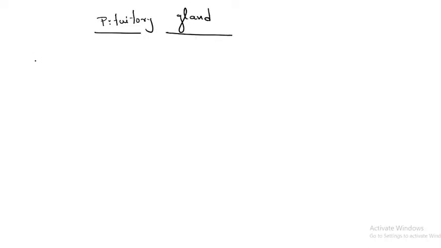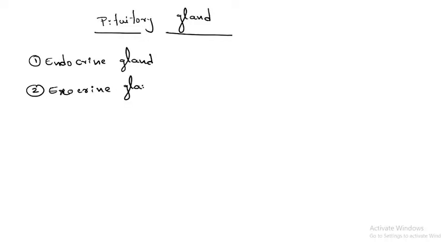Before that, we should know how many types of glands are present in our body. One is the endocrine gland, and another one is the exocrine gland.